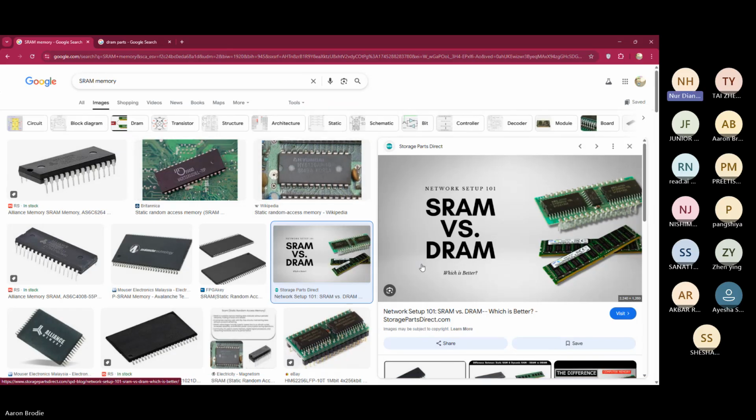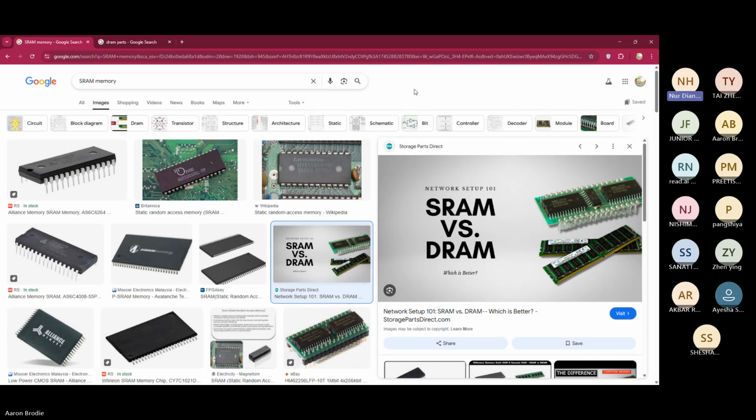So it will be one of your homework. I want you to find out the differences between SRAM, DRAM, and SDRAM. What is exactly SDRAM? Do you know what SDRAM is?